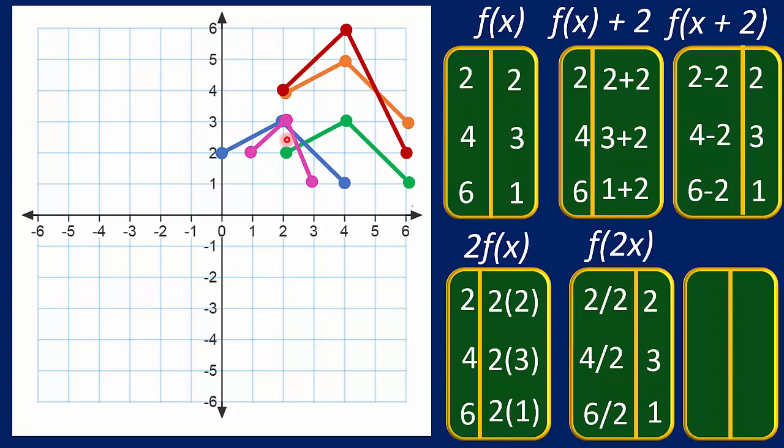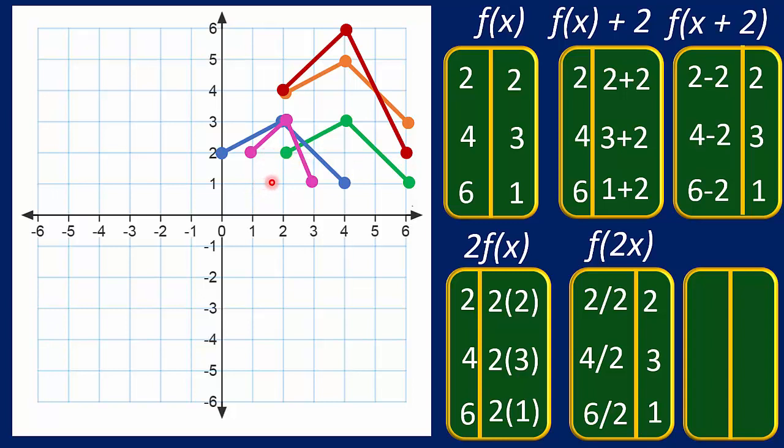Things happen faster, right? Now, notice in the original function, the green, we had (2, 2), we had (4, 3), and (6, 1). Notice how this thing is kind of stretched out. When we multiply by 2 in here, it compresses everything. Now notice, this thing started here at 2 and it ended at 6. This thing started at 1 and it ended at 3. So notice, this one went 1, 2, 3, 4, and this one went 1, 2.